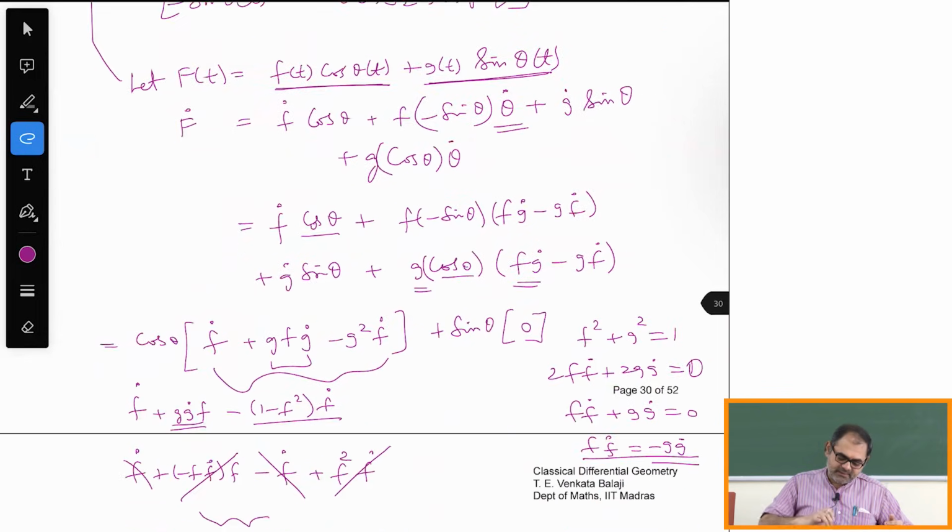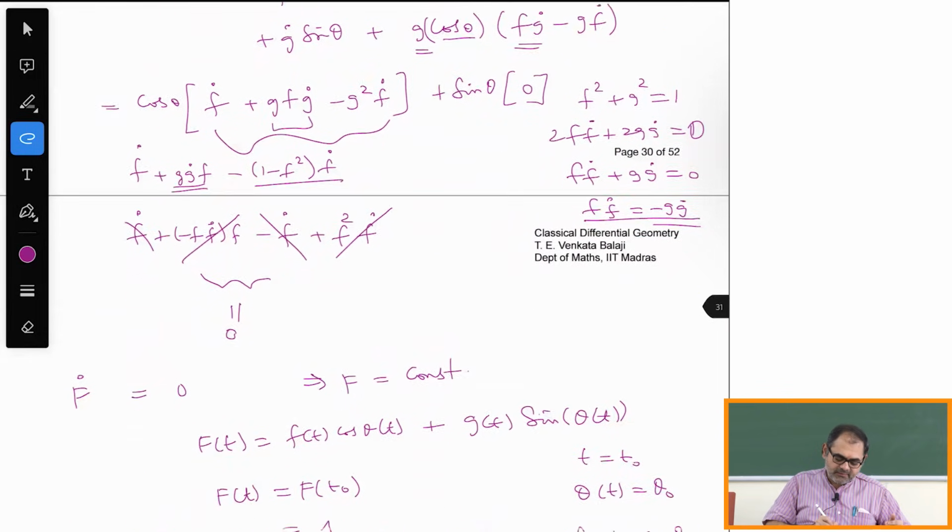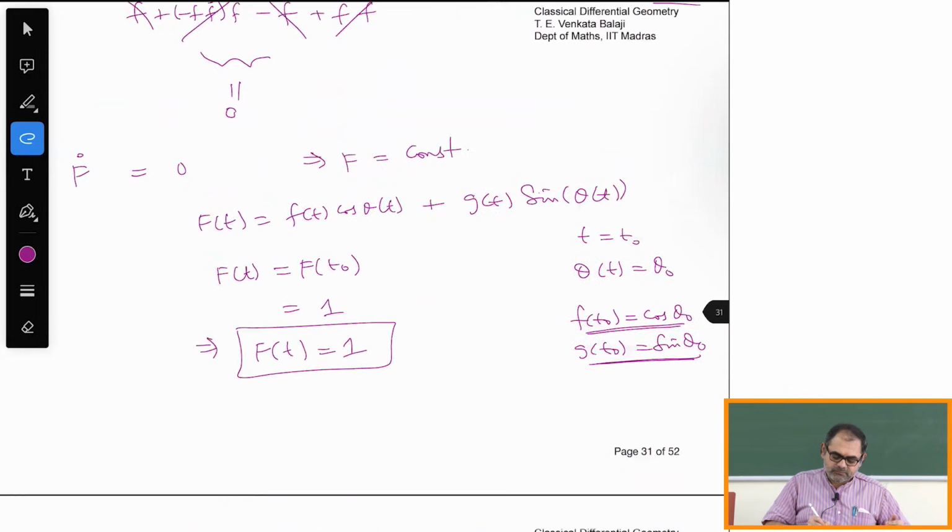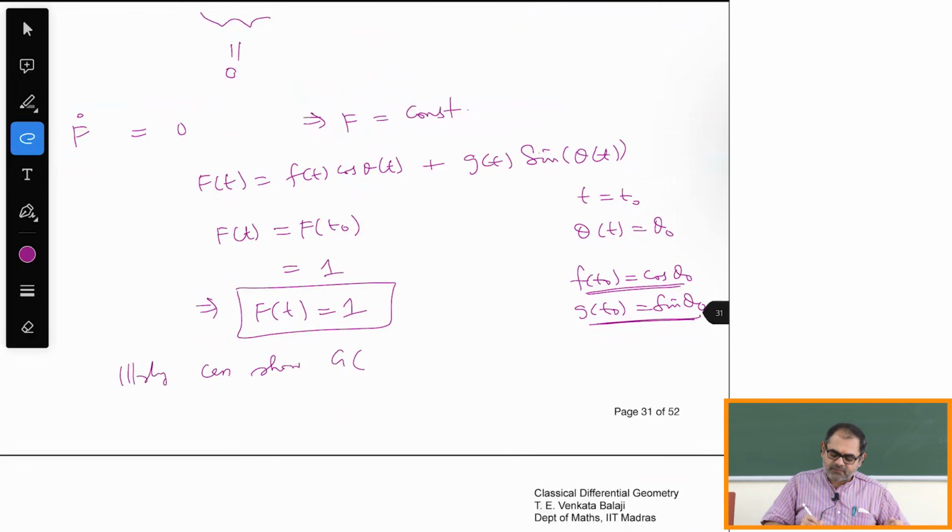That's what you have to understand technically. Similarly, we can show g dot of t equal to 0. This implies g of t is equal to g of t naught is equal to 0, and we are done.